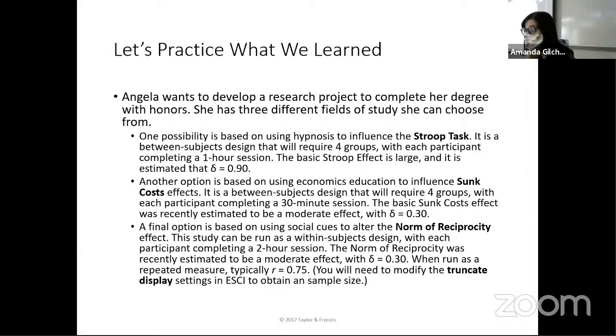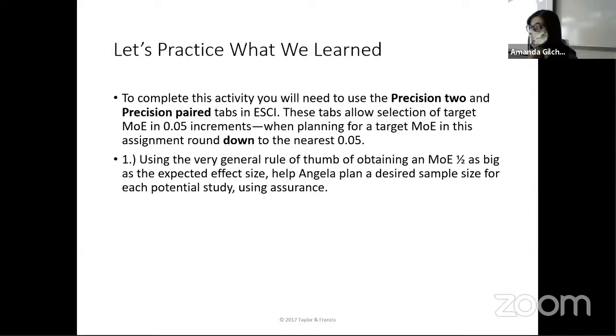You will need to modify the truncate display settings in ESCI to obtain a sample size. So to complete this activity, you are going to need to use Precision 2 and Precision Paired. This will allow the selection of target margin of error in 0.05 increments.